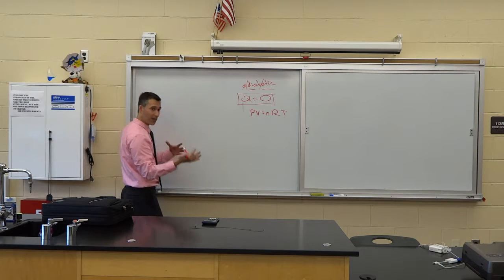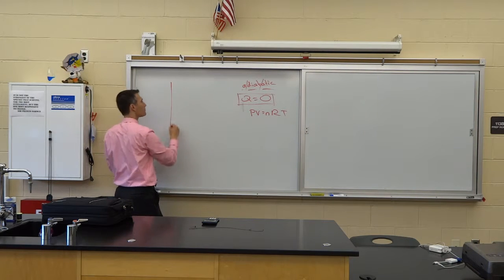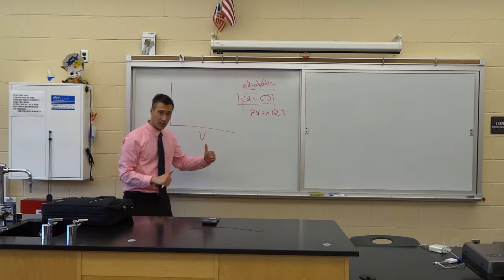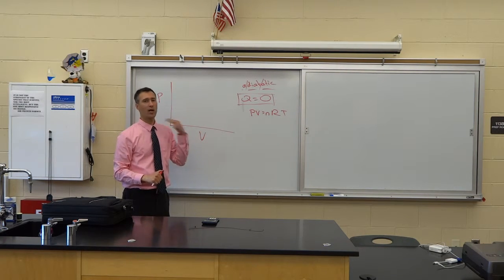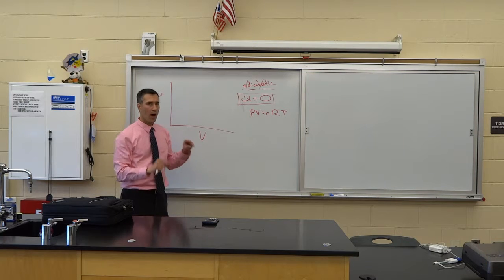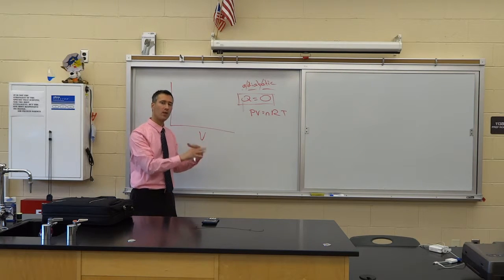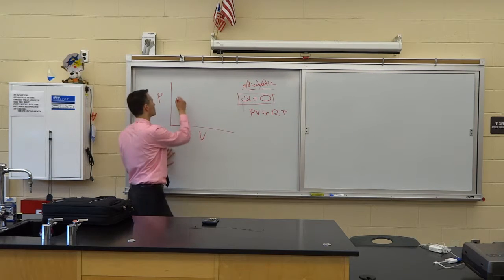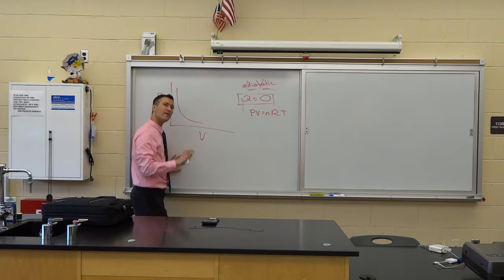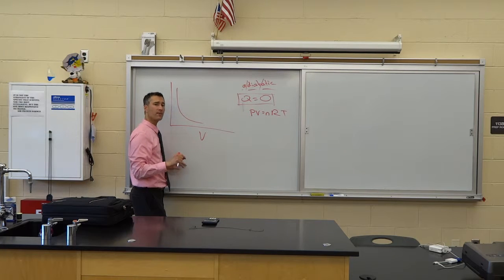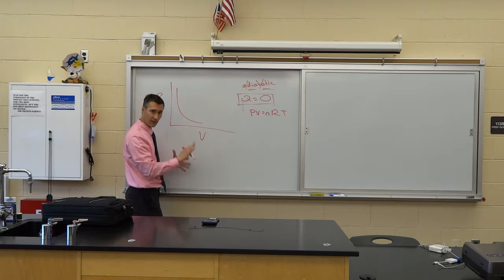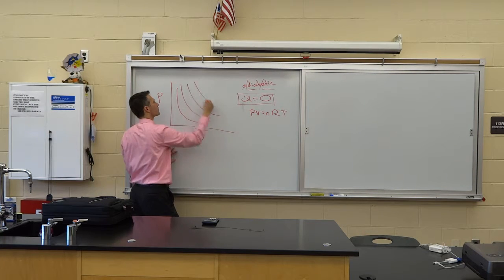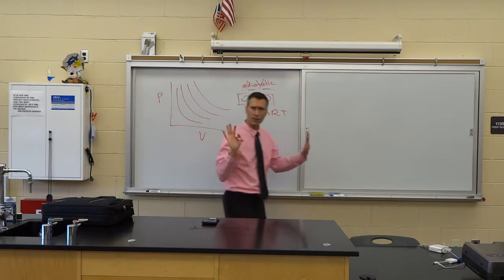All right, so let's deal with that on a pressure-volume diagram. So pressure has to change, volume has to change, and the temperature has to change. I'm going to start by putting up our isothermal curve, but I'm going to put a few different isotherms up, for a few different constant temperatures. Okay, so those are just isotherms.